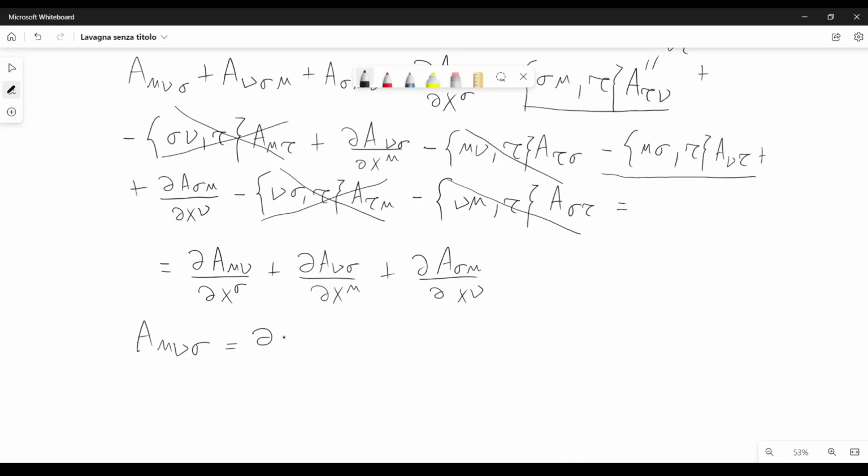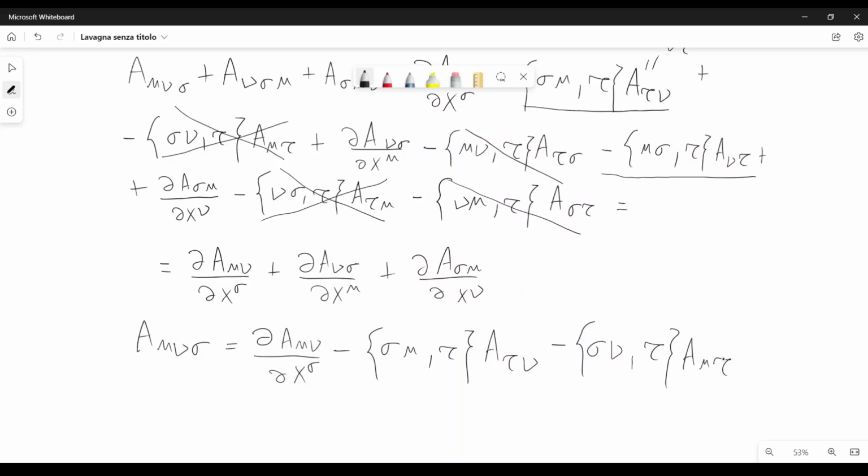So I mean the derivative of A_{μν} with respect to x^σ, and then we also have to consider the other contributions given by the Christoffel symbol. So I have minus Christoffel symbol Γ^τ_{σμ} A_{τν} minus Christoffel symbol Γ^τ_{σν}, which multiplies A_{μτ}.